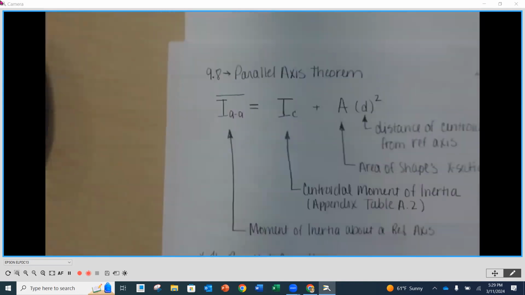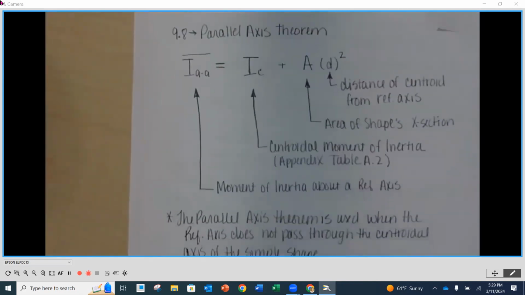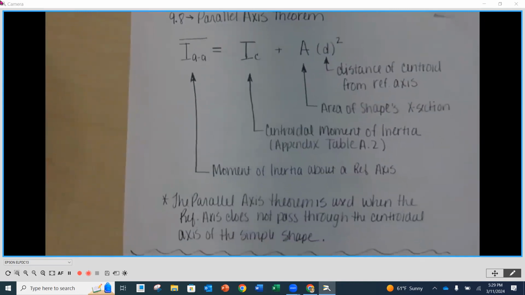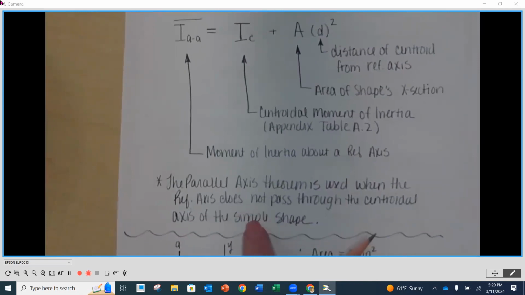you're going to notice at the top here, this is going to be section 9.8 in our book. It talks about the parallel axis theorem. So the parallel axis theorem, by definition down here, is a theorem that's used when the reference axis does not pass through the centroidal axis of the simple shape.